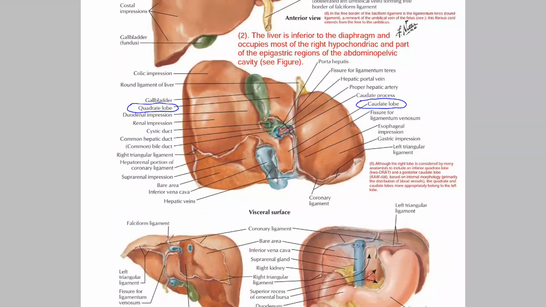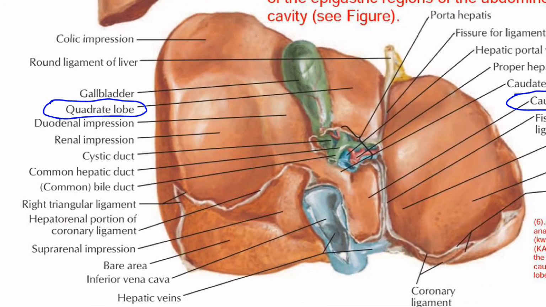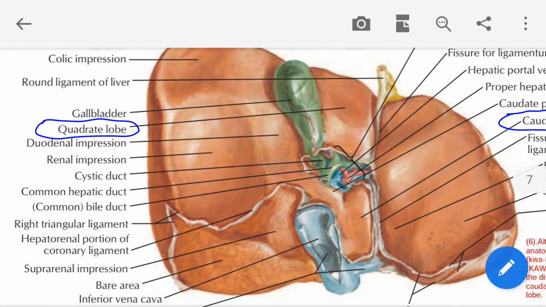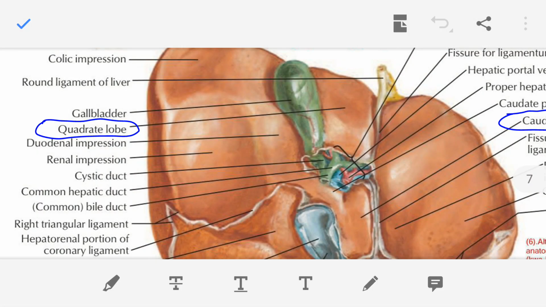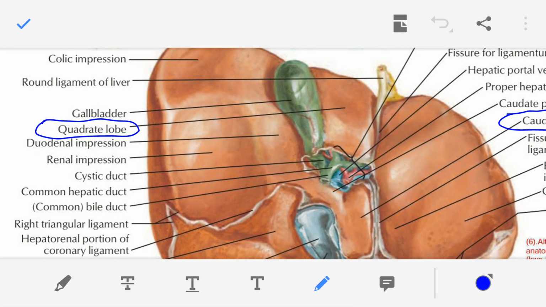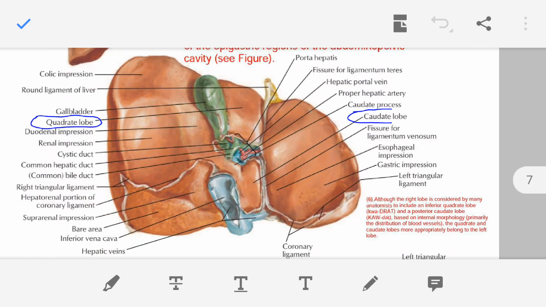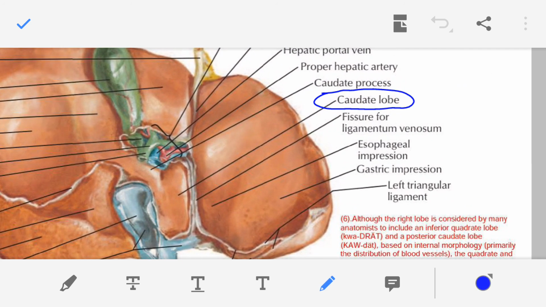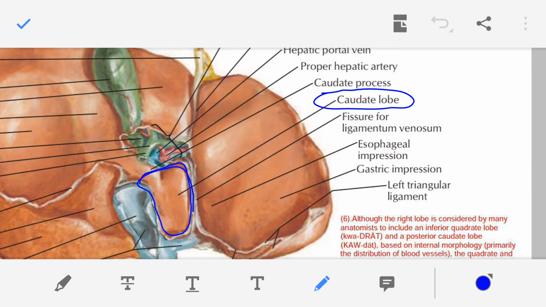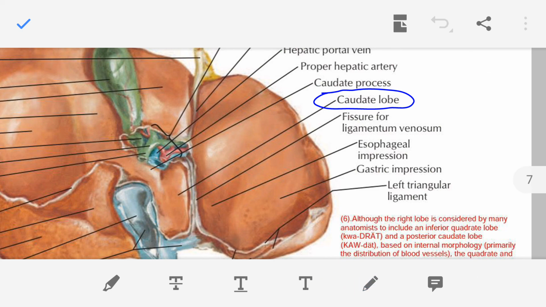So this part, this region, is the quadrate lobe, and this region is the caudate lobe.